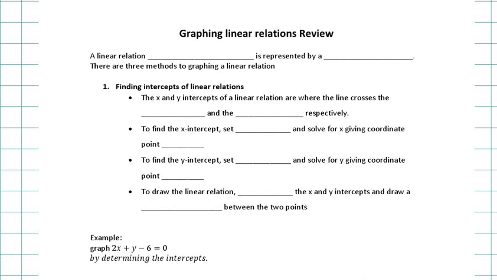The equation of a straight line, you can have it written in two ways. You can have the standard form, so it's ay plus bx plus c equals 0, and it is represented by a straight line.